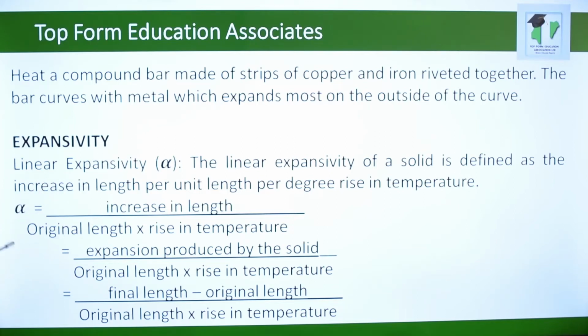Are you getting it? For instance, you have a bar of 10 cm divided into 10 partitions. Each is 1 cm, right? Now, if you add a degree rise in temperature, for instance, at the initial time it was at, say, 10 degrees Celsius, and you now increase the temperature by a degree, that brought about a unit change in the length of this bar.